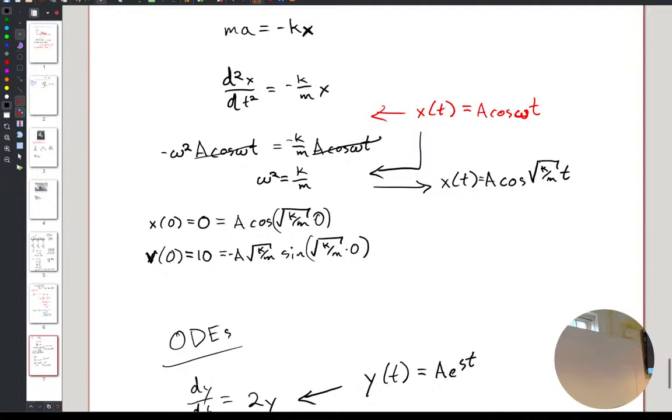What would A be? Because it's cosine of 0, which is 1. So A, what's an A? A is 0. But then what's sine 0? 0. So we end up with x of t is 0 for all time.